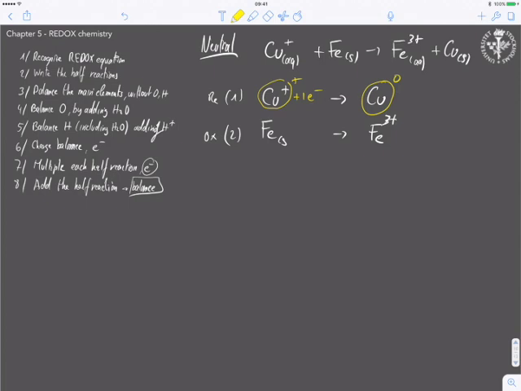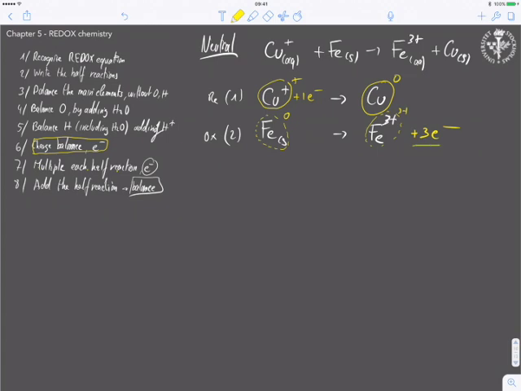Right. Now here we have an oxidation state of 0 and an oxidation state of 3+ here. That means I need to add 3 electrons in this case. So now I've charge balanced with electrons. I need to multiply each half reaction to have the same amount of electrons on each half reaction.